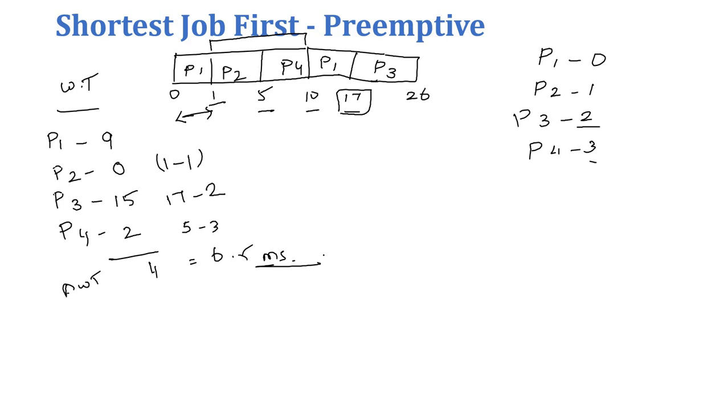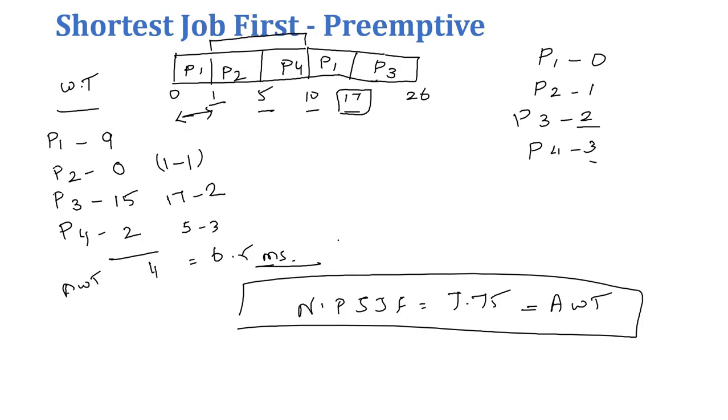What is the difference between preemption and non-preemption? With the same example and the same burst times of all these processes, the process with the minimum burst time gets the longer waiting time in the non-preemptive case. If you solve the same example with non-preemptive shortest job first, you will get around 7.75 average waiting time.